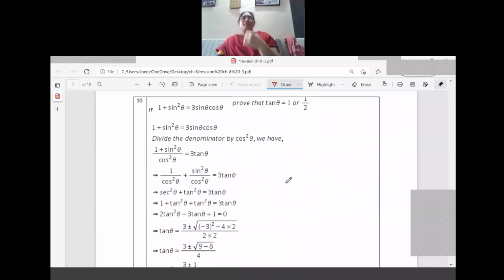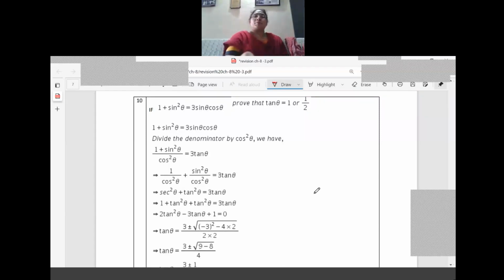Okay. 1 plus sine square theta equals 3 sine theta cos theta, and prove that tan theta equals 1 or 1 by 2 only. Same rule everything, because here also some value is given, we have to go for tan theta only. But on the left hand side, in the given condition, there is no tan. So we are dividing the terms with cos.